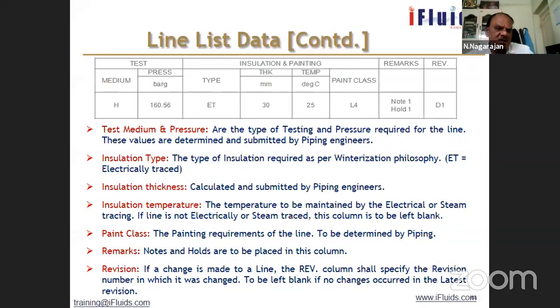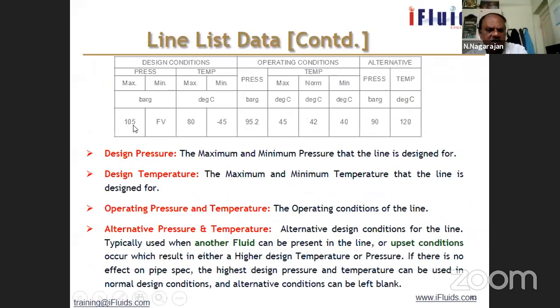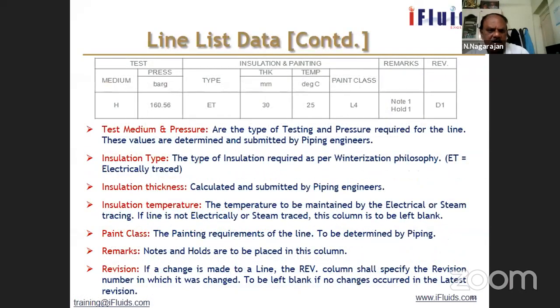Then we have talked about test medium. Here H means hydrostatic test, and you can see test pressure is 160. You have seen 105 is the design pressure, and test pressure is 160. So about 55 bar more, that means 1.5 times.